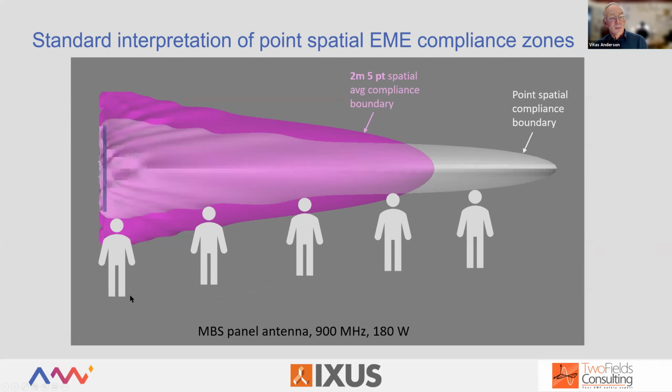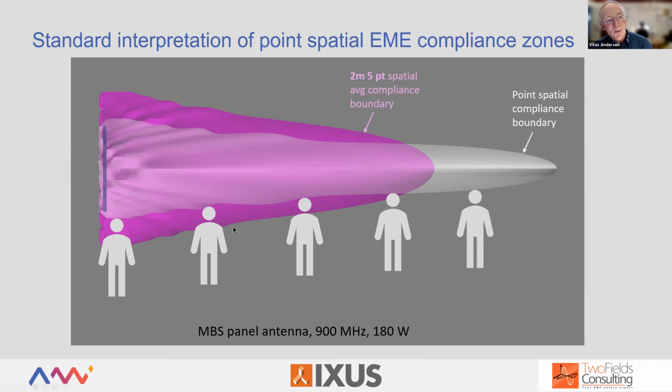Up until now, the way that we've interpreted compliance boundaries is in a sort of peak limit mode. Basically, we're saying that you cannot put any part of your body into that compliance zone, because if you do, then you're considered to be non-compliant with the limit.